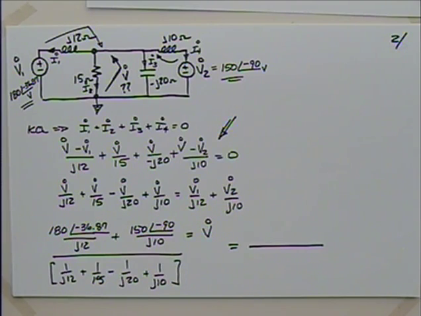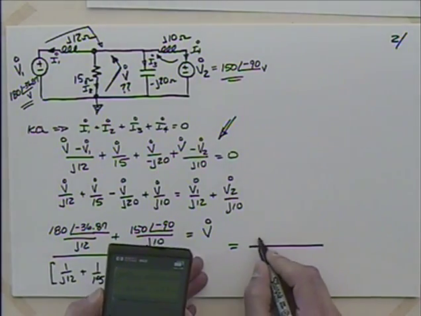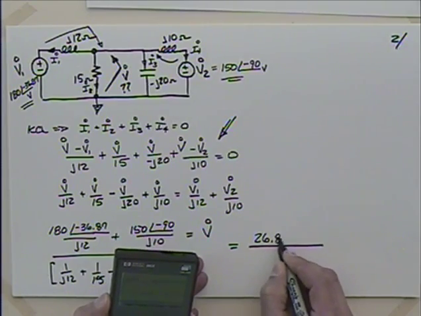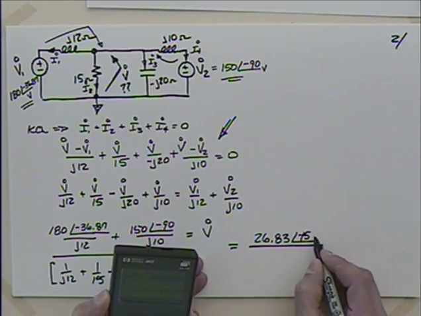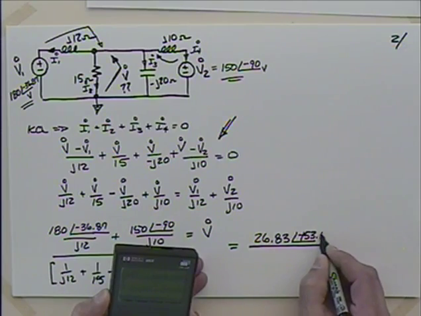Maybe I've made a mistake already. Okay, so for the numerator, I get 26.83 at an angle of minus 153.4.